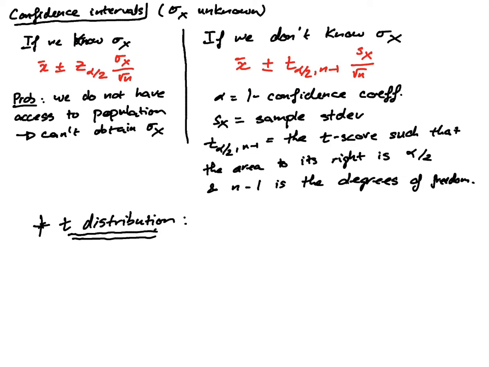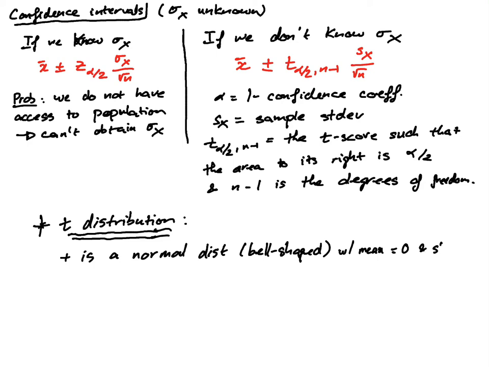First off, the t distribution is a normal distribution, so it has a bell-shaped histogram with the mean of 0 and the standard deviation of 1. So far it looks like the standard normal. It looks like Z. However, it is not Z.